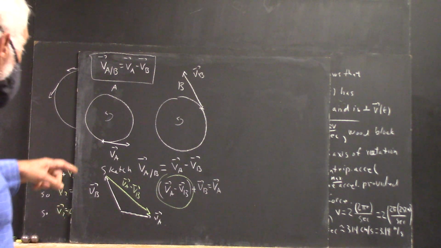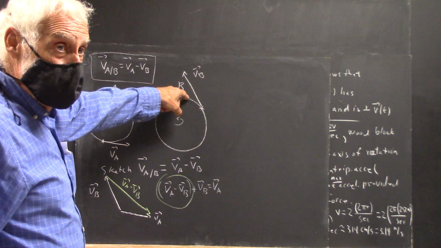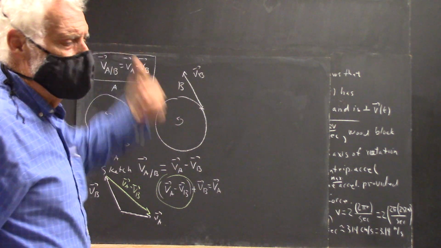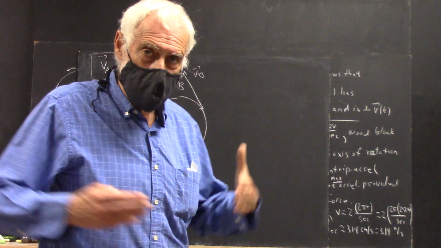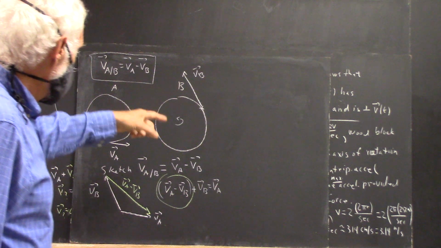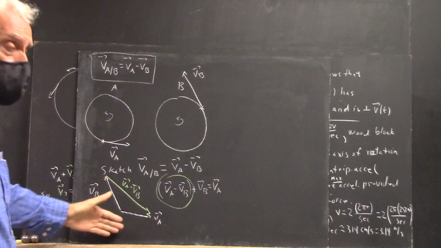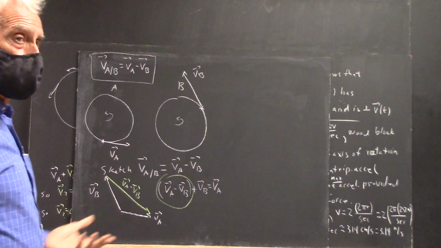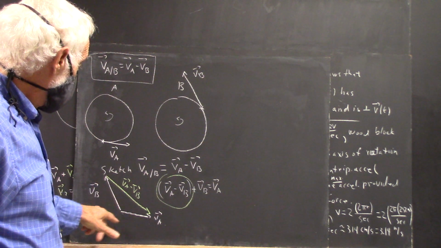I haven't given you the information to get the components of this one and this one. In most of the applications you're going to see, they're going to be moving at right angles. It's going to be a little simpler than this picture, but this is how you reason it out. It doesn't matter what the directions of the vectors are, you can represent the picture.